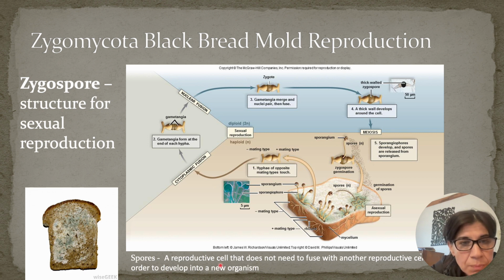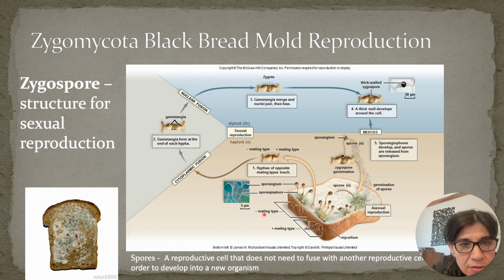Spores are a reproductive cell that does not need to fuse with another reproductive cell in order to make a new organism. So asexually, the mycelium produces the sporangium, which releases spores that can just germinate and start growing into another mycelium. So they can reproduce like this, asexually.